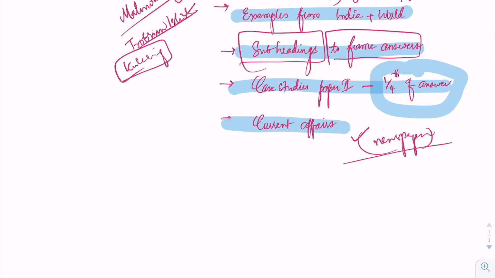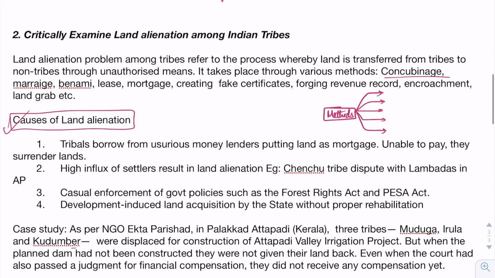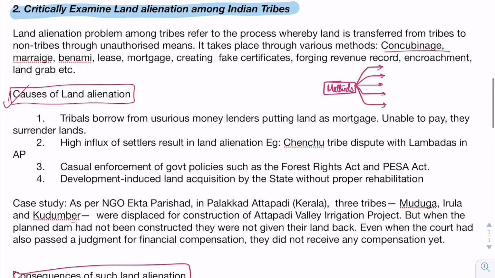Now let us understand the principles through a sample answer. Critically examine land alienation among Indian tribes. For this question, we start with an introduction of what land alienation means from a tribal perspective.